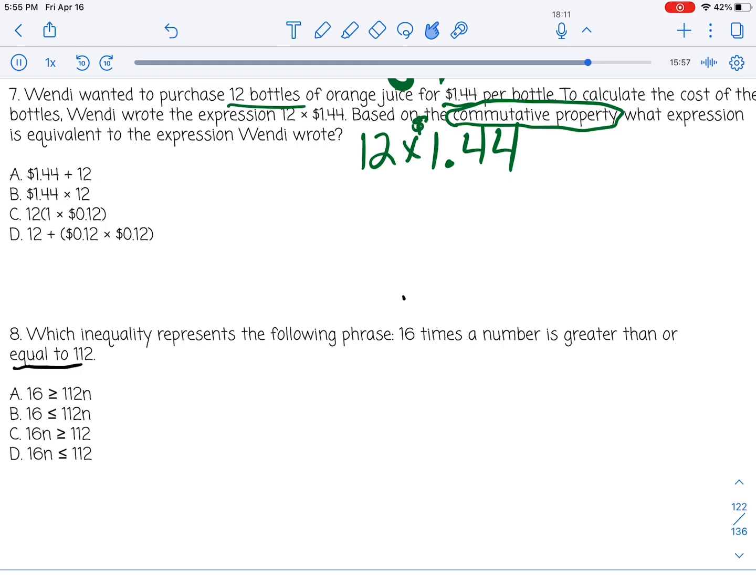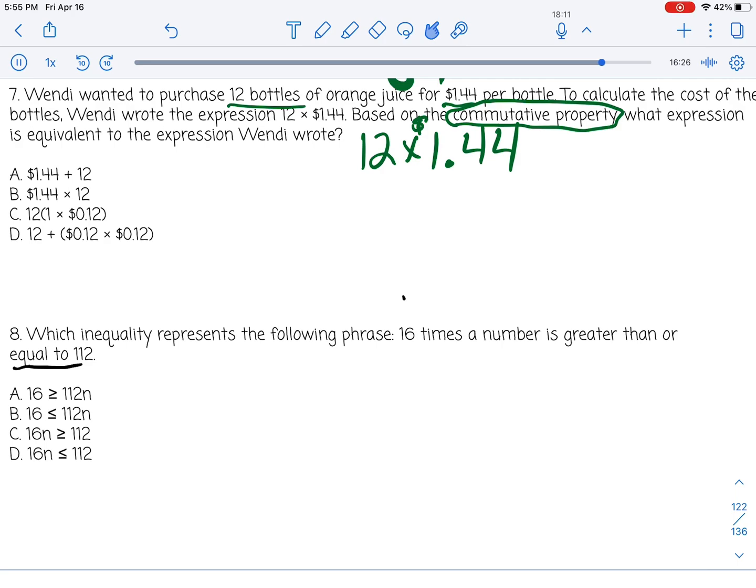Okay, so we need to remember our properties of operations here. The commutative property means that if I switch the order of the operation, it will not change my value. So like if I had 5 plus 1 equals 6, and then I did 1 plus 5 equals 6, I just switched the order, it's not going to change my value. Same thing with multiplication.